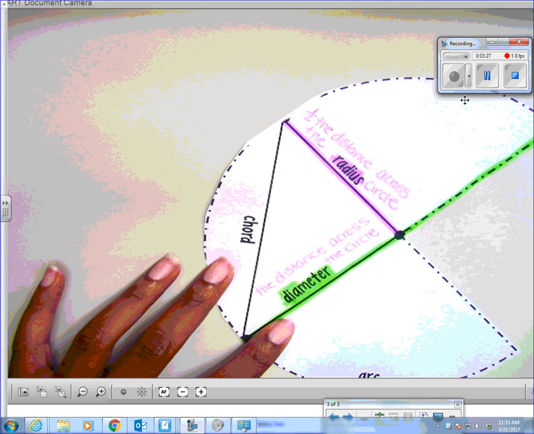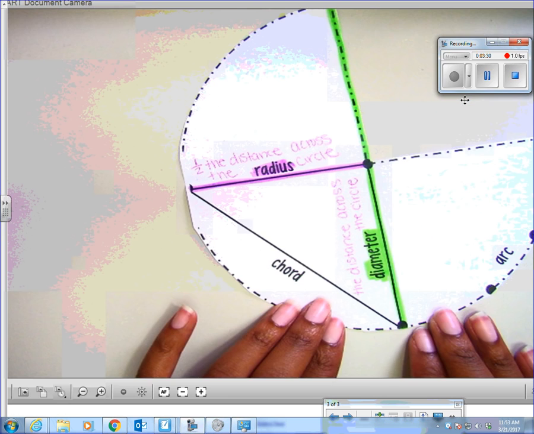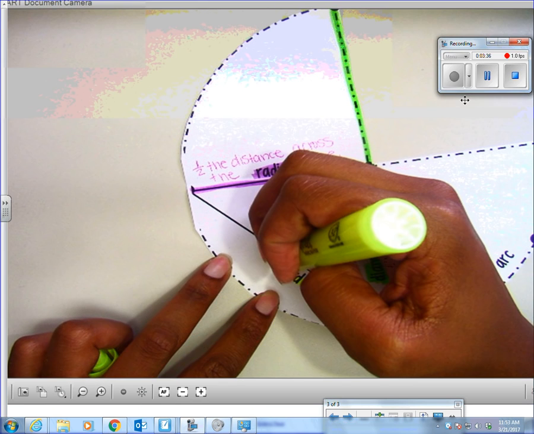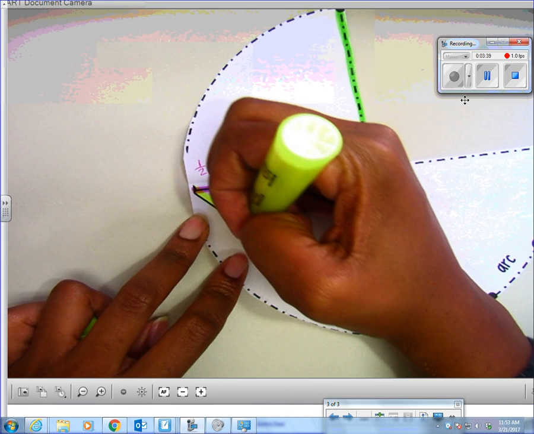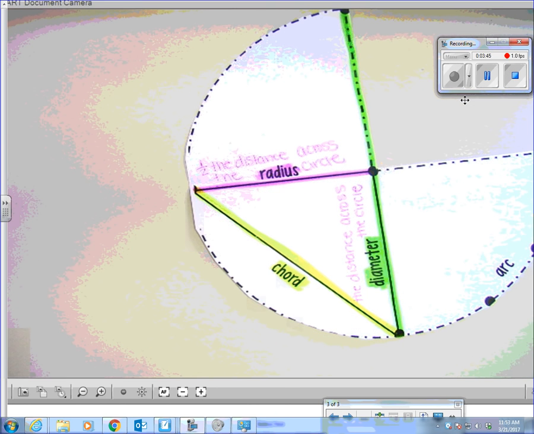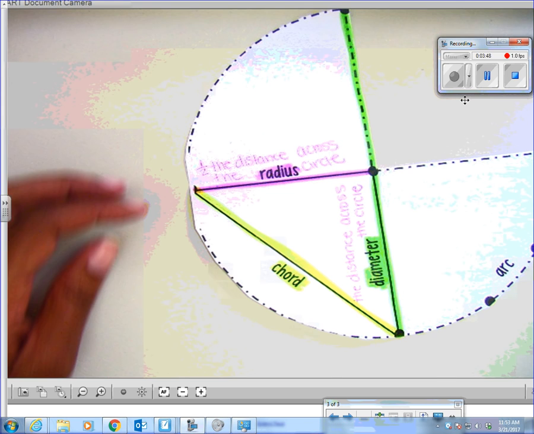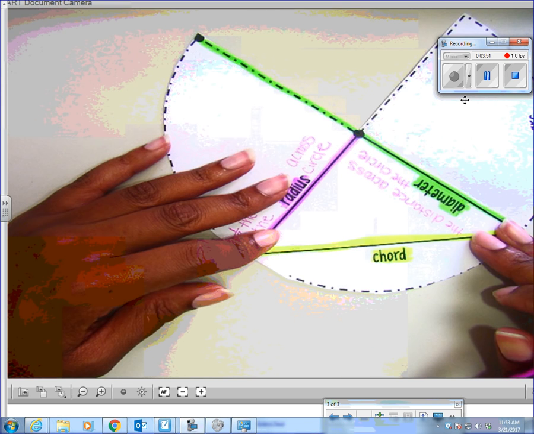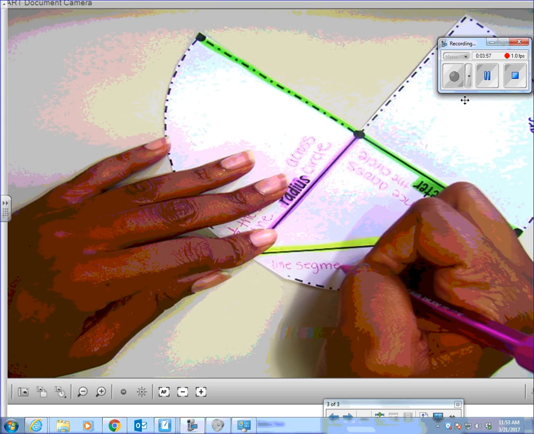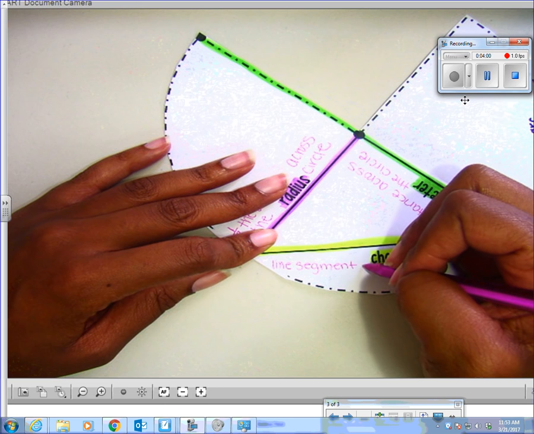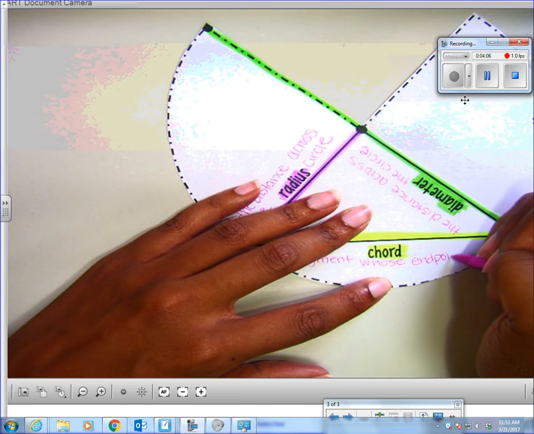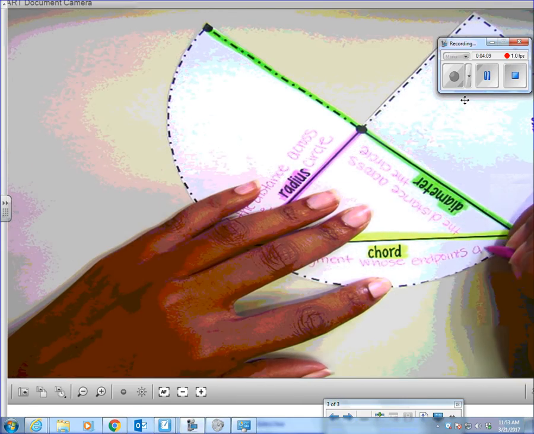Okay. Then we have some words you might know, you might not have heard of. One being a chord. So here's a chord. And the chord of a circle is the line segment whose endpoints are any 2 points on the circle.